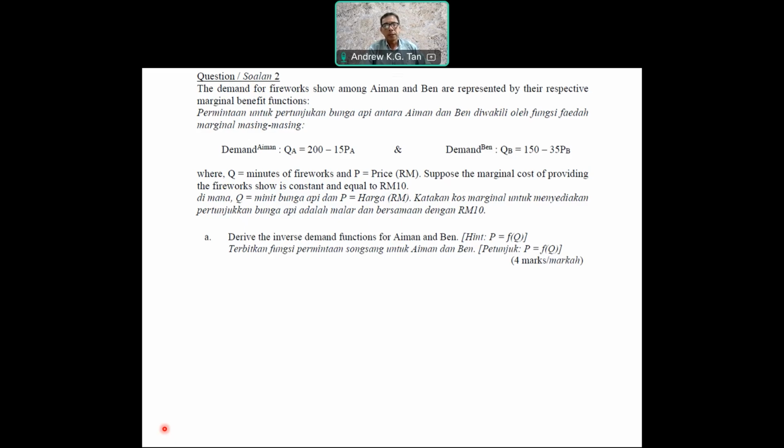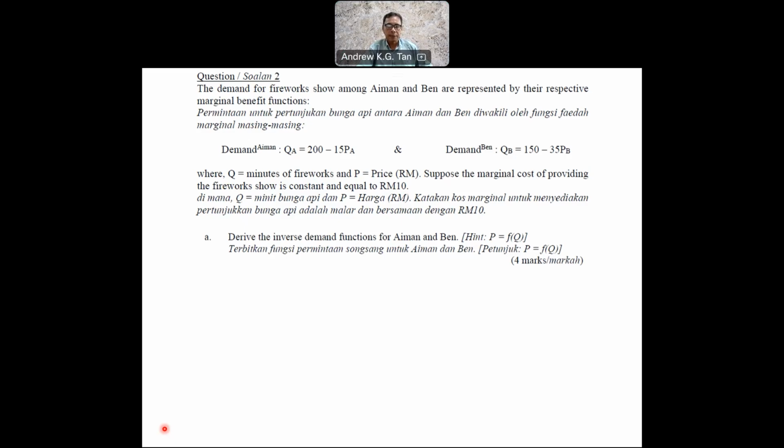Suppose the marginal cost of providing the fireworks show is constant and equals to 10 ringgit. Then A, derive the inverse demand functions for Ayman and Ben.